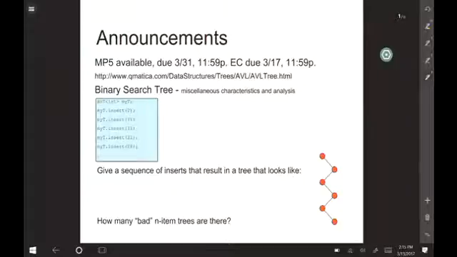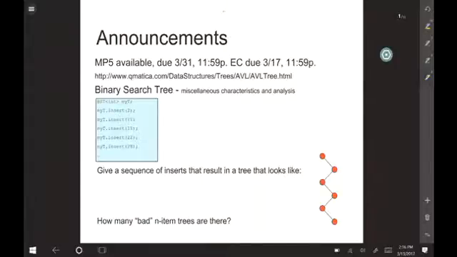Okay, so here's what I want you to do. As you know at this point, binary search trees are built up by a sequence of keys to be inserted one by one. That's how we build it. And we do it in such a way that we always add a new key to an empty spot.